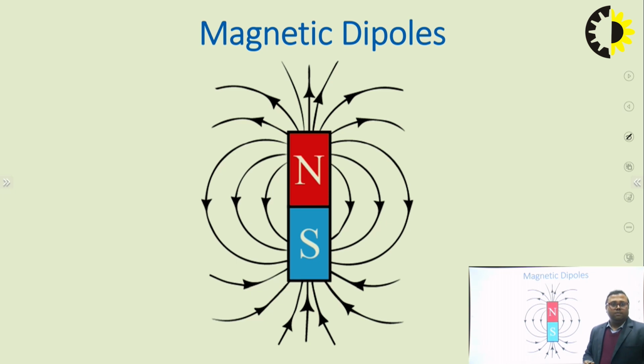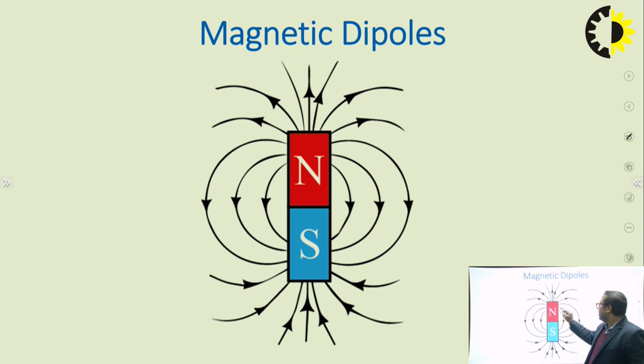Every magnet has two poles. One is the north pole and another is the south pole. These two poles combine to form a magnetic dipole. It has always been seen that the magnetic lines of force start from the north pole and always go toward the south pole.